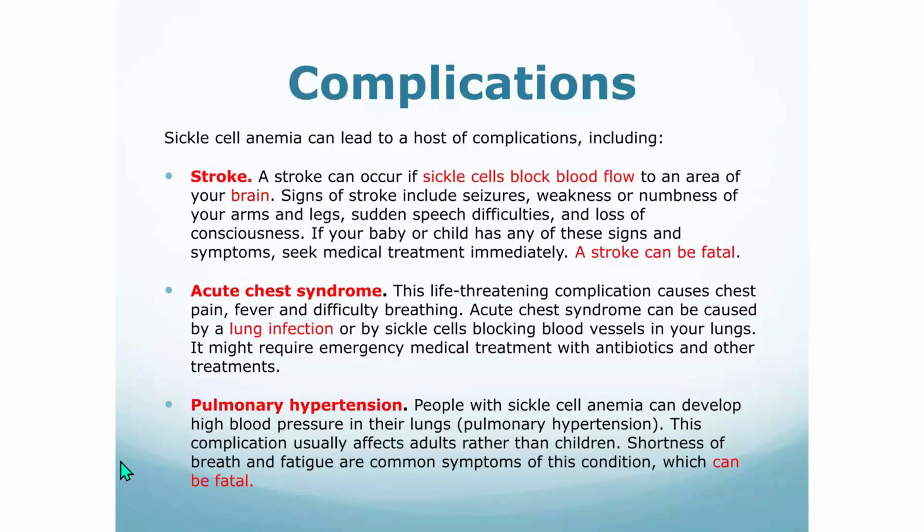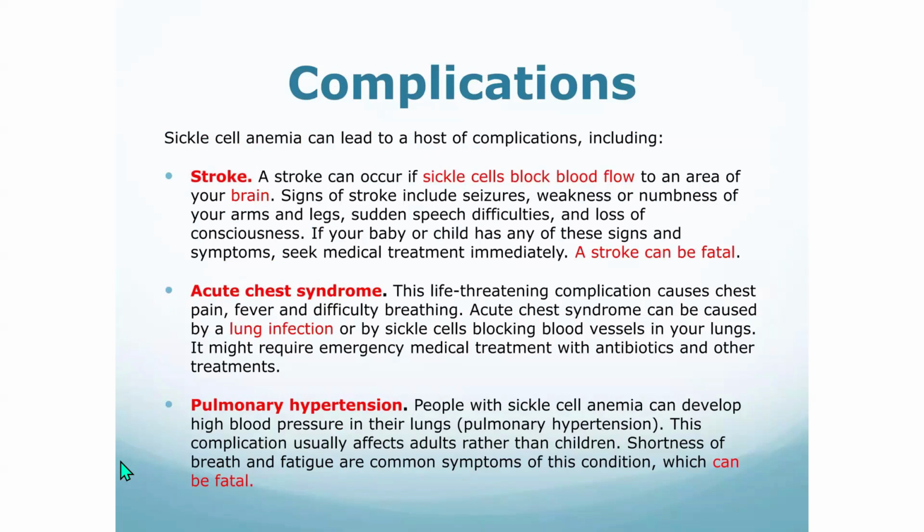And then the complications. Sickle cell anemia can lead to a host of complications, including stroke, because you need oxygen. The sickle cells block blood flow to an area of your brain, and there is also low oxygen delivery in the blood.